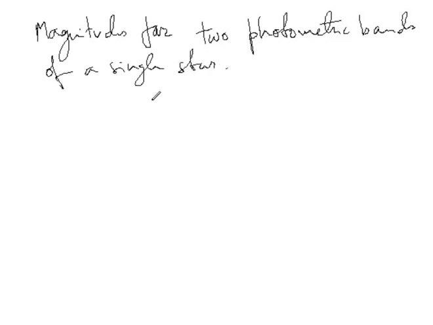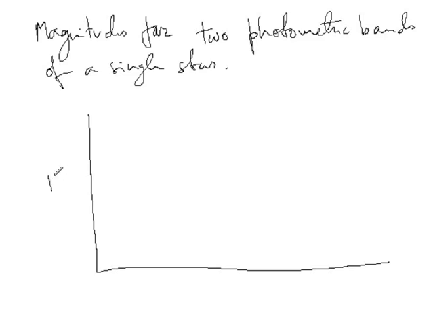Now, if one obtains photometric measurements of two photometric bands for a star, you see the flux ratio of these bands can be used to obtain the effective temperature. Let me show you an example. Suppose, let me draw the monochromatic flux.